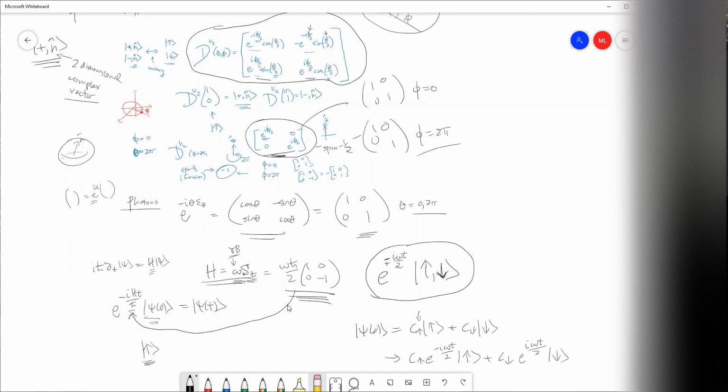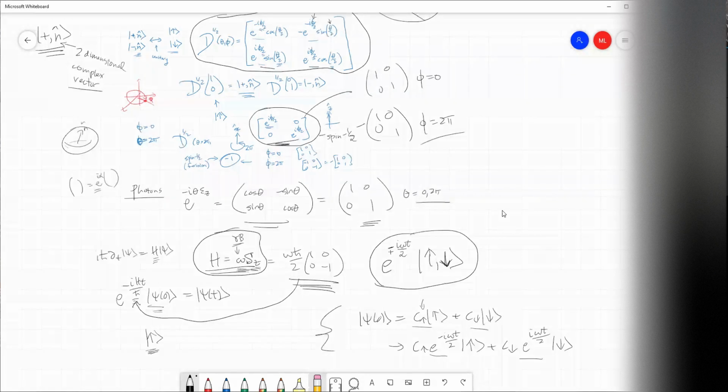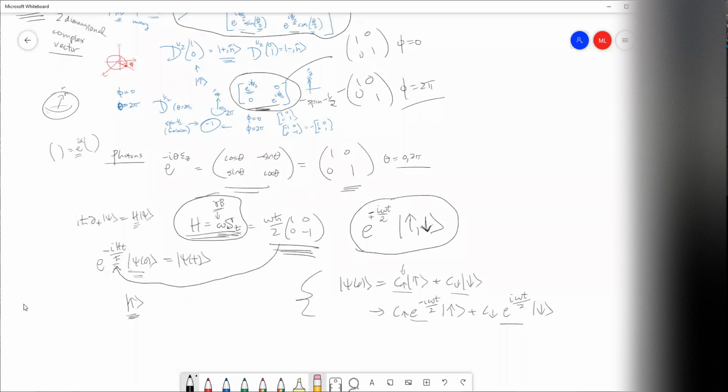So this is the general form of any time evolution for an operator. If you know how to decompose it into spin up and down, then the time evolution associated with a magnetic field pointing along the z direction just gives you these relative phases on the up and down pieces. And that's it for the dynamics. You can of course derive a lot of interesting physics just using that, but that's really all you have to know about it.